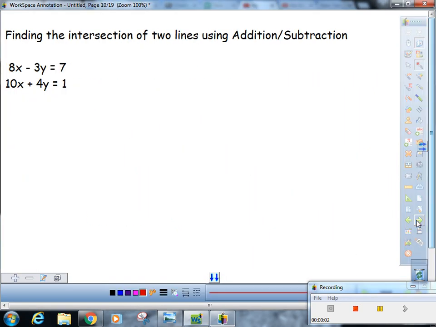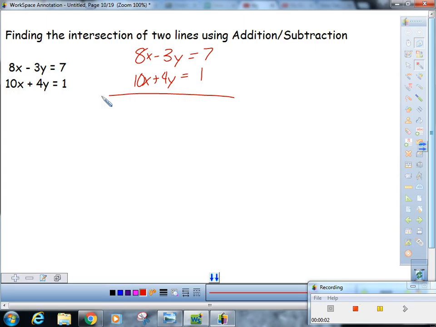Alright. Let's find the intersection of these two lines using addition and subtraction. So let's see. 8x minus 3y equals 7. And 10x plus 4y equals 1. Well, I don't have anything that can cancel yet. So what if I multiplied the top one?